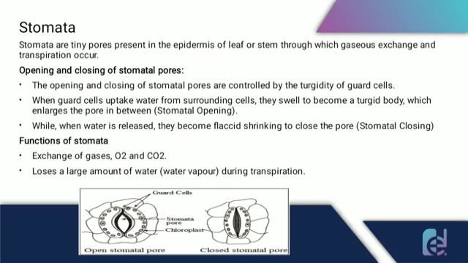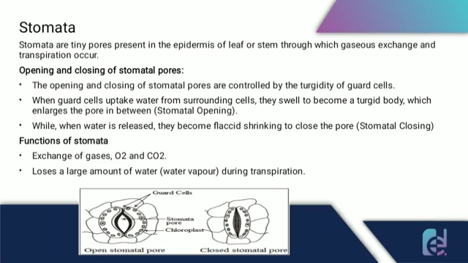The opening and closing of stomatal pores is controlled by the turgidity of guard cells. Turgidity of guard cells means, when the guard cells uptake the water from the surrounding cells, they get swollen.